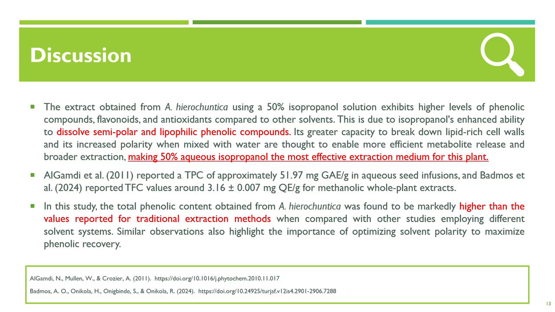In comparison, the phenolic content obtained in this study was notably higher than values reported for conventional extraction approaches, underscoring the importance of optimizing solvent polarity to maximize phenolic yield.